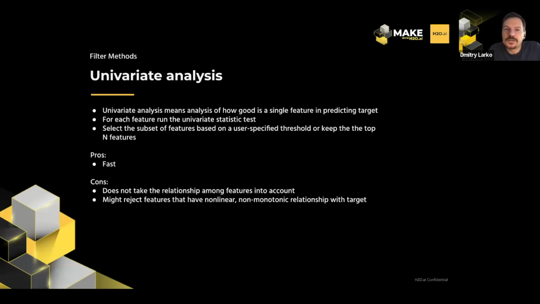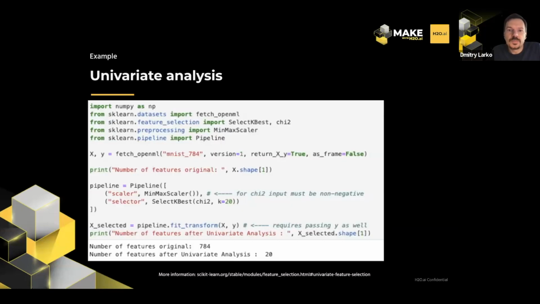Also, univariate analysis in the general case, as with a lot of statistical tests, assumes linear dependency between the feature and the target. That means if you have a nonlinear, and especially a nonlinear, non-monotonic relationship between the feature and the target, this test might not be able to catch it. Just something to keep in mind.